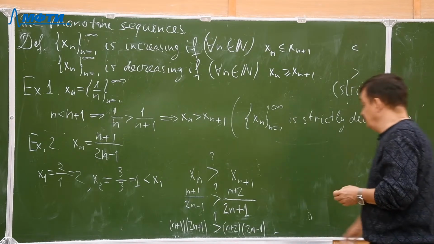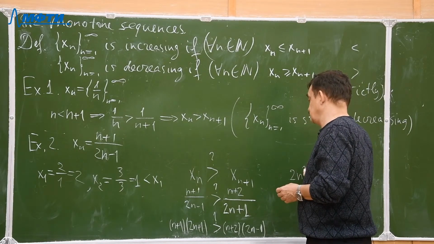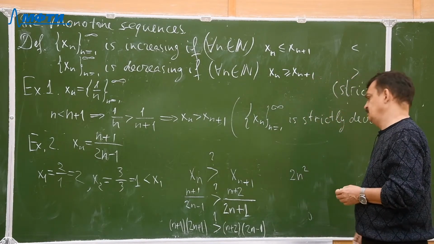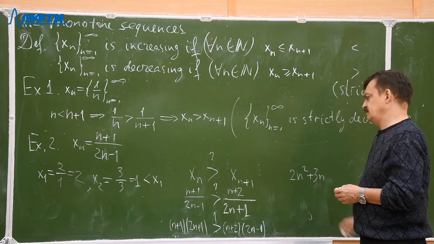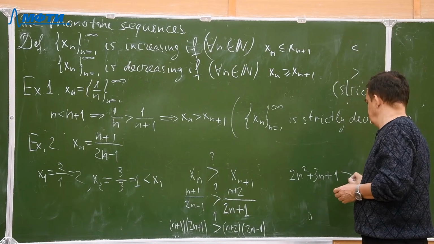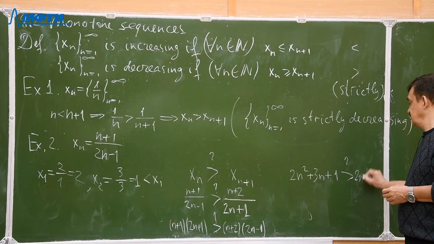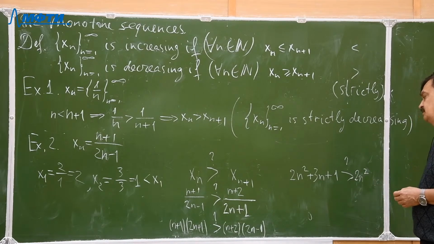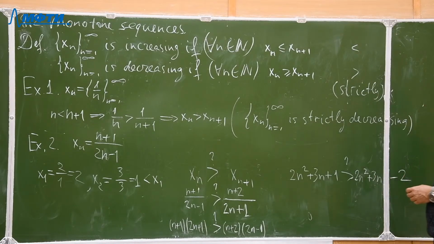That is again equivalent to 2n squared plus 2n plus 3n plus 1 compared with 2n squared plus 4n minus n minus 2, that is, 3n minus 2.